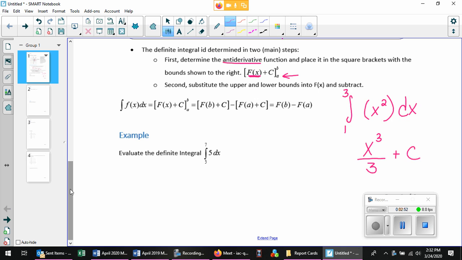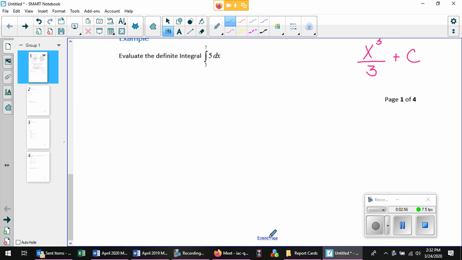The thing is that this c doesn't really matter. We start with our upper limit, which I said was 3. So 3 cubed divided by 3 plus c, subtract 1 cubed divided by 3 plus c. 3 cubed is 27, and 27 divided by 3 is 9.